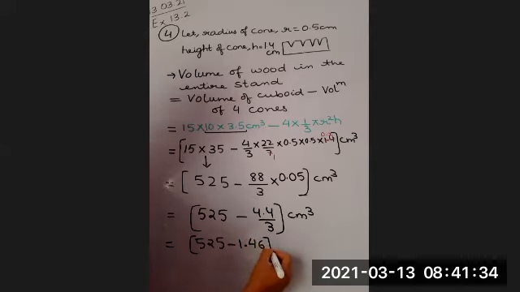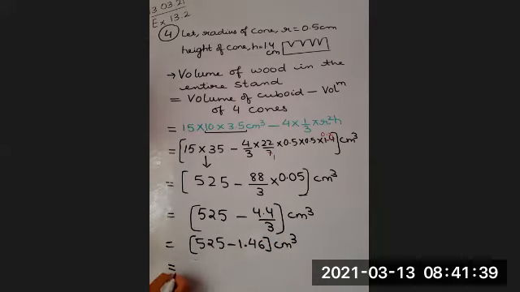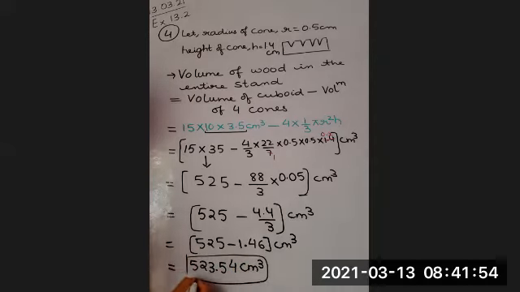So you can mark up to 2 places of decimal. That will be enough. So next it will be equal to. Please subtract. 523.53. 523.54. Okay.